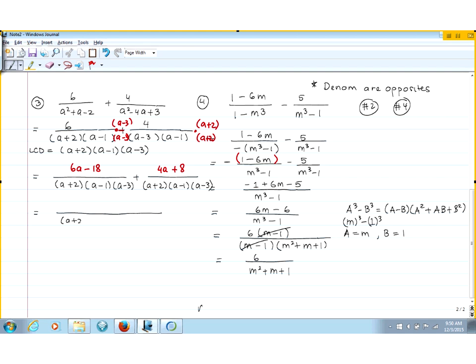Now, let's carry the denominator together. A plus 2, A minus 1, A minus 3. So, what do you have here? 10A minus 10. Is 10A minus 10 factorable?